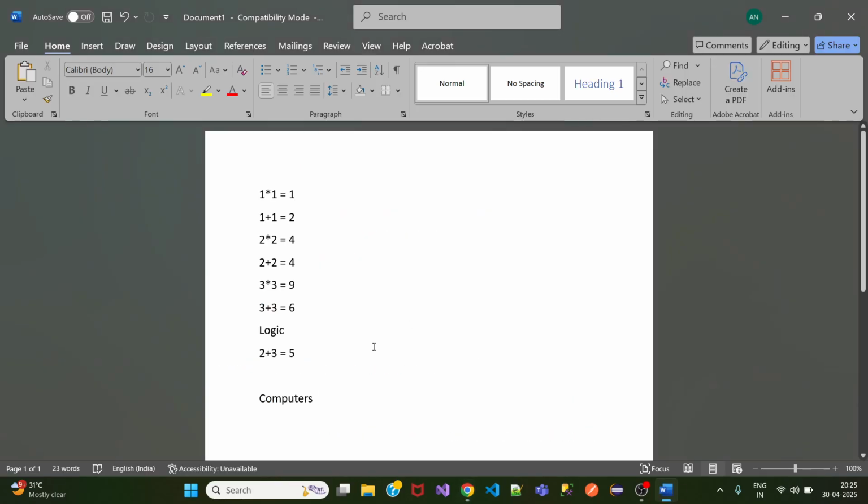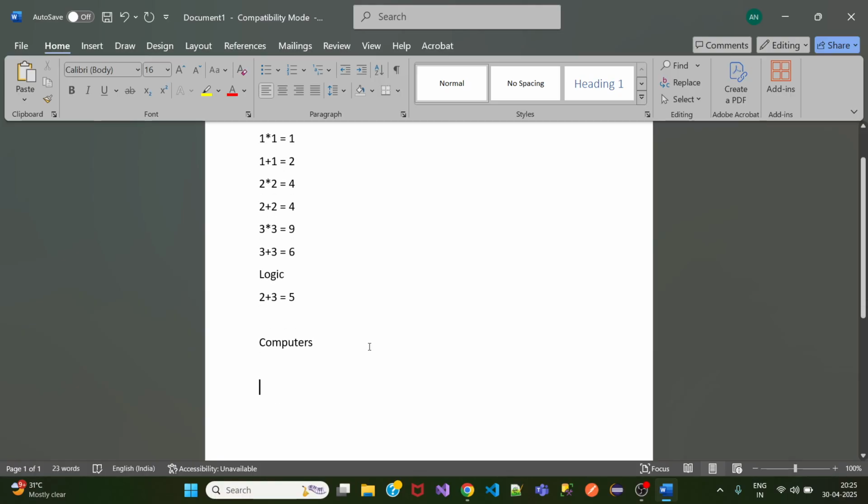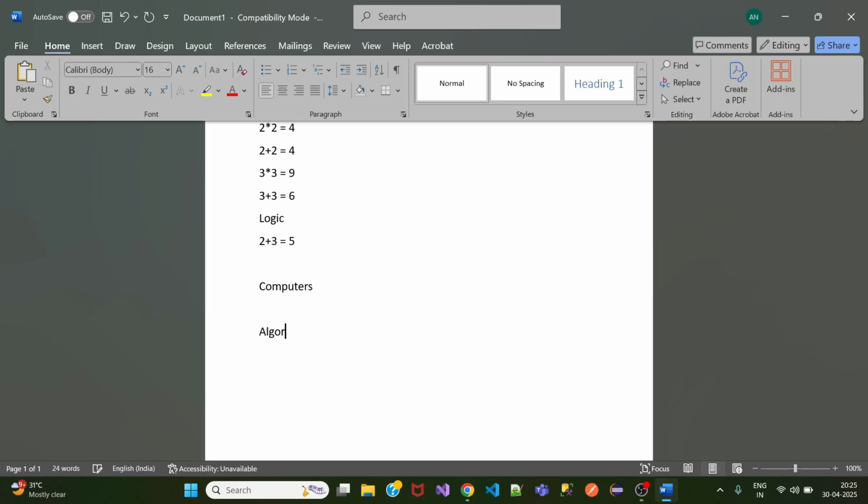What I want everyone to do is write an algorithm. Use numbers from 1 to 10 and take a number, take a number 2.